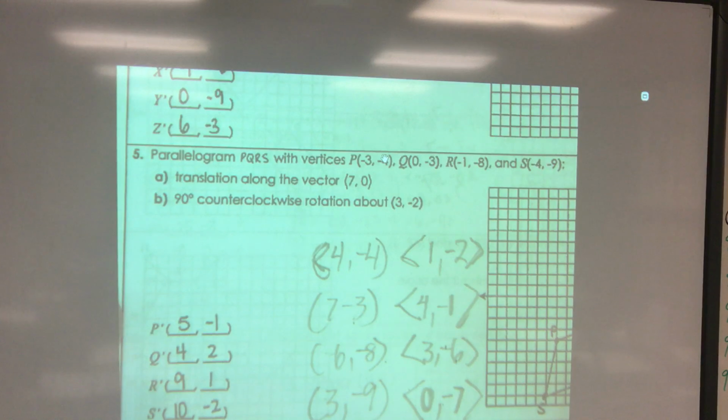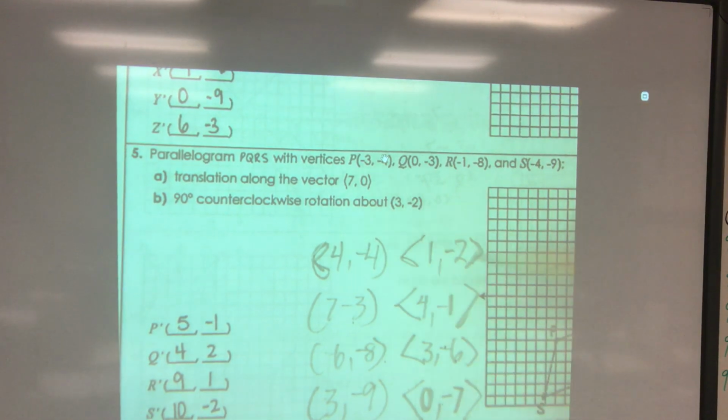-7. So now that I have my vector from the point of rotation to here, now I have to apply the rules. When I go 90 counterclockwise, I switch my values and change the sign of my y.